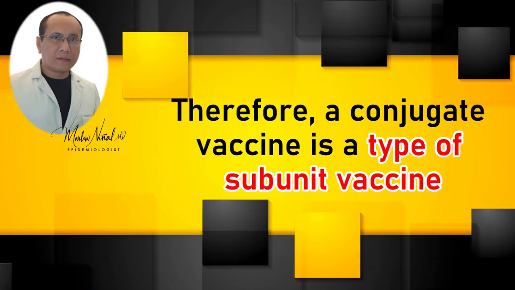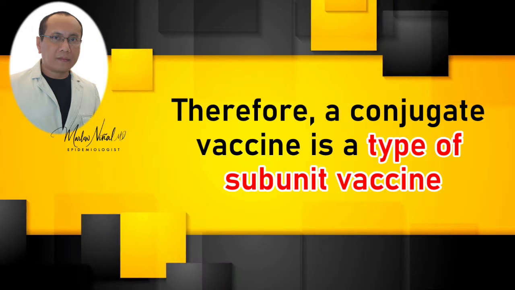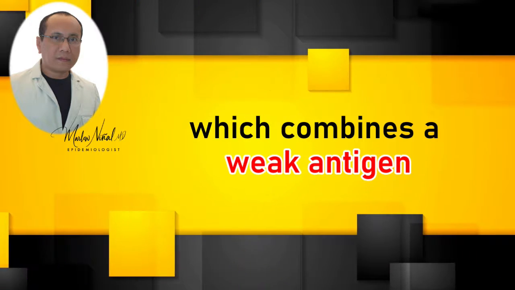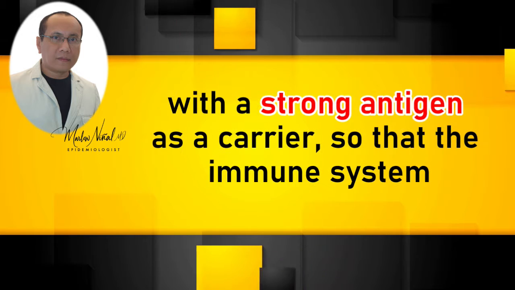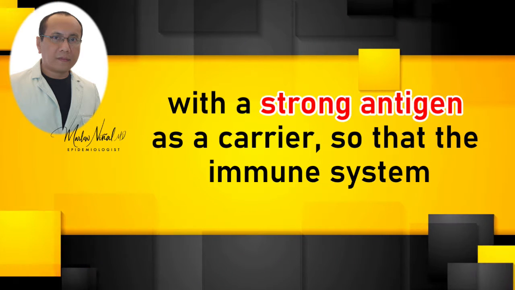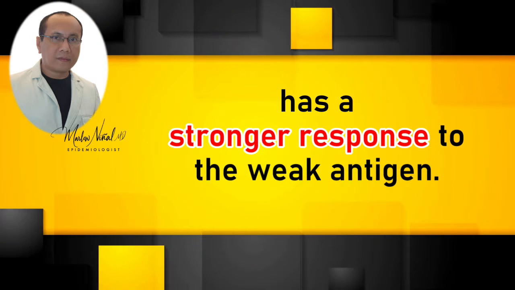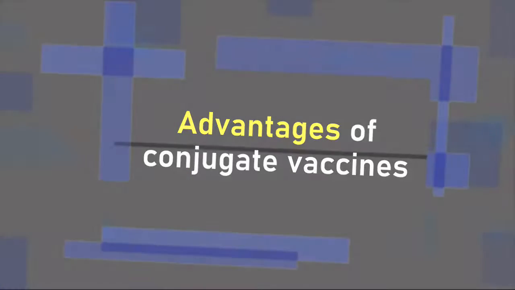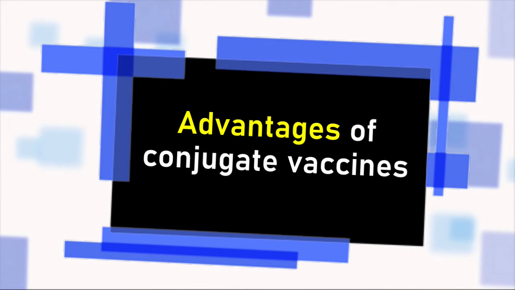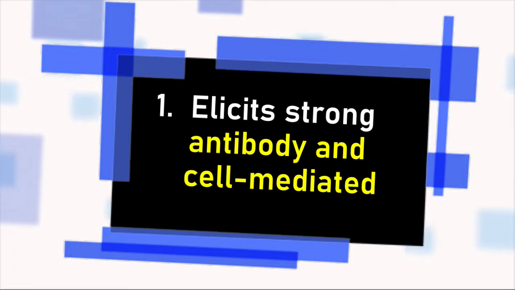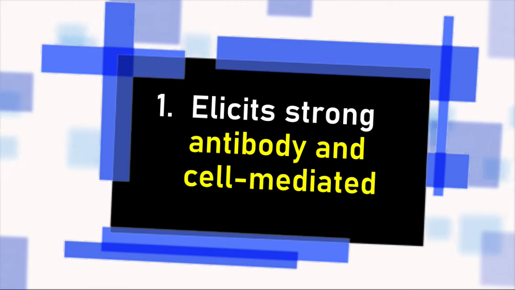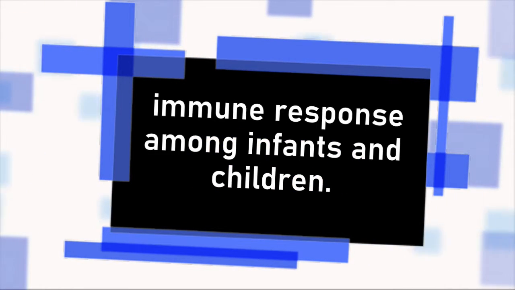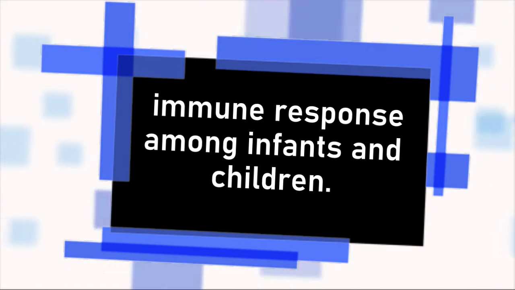Therefore, a conjugate vaccine is a type of subunit vaccine which combines a weak antigen with a strong antigen as a carrier, so that the immune system has a stronger response to the weak antigen. The advantages of conjugate vaccines are the following. First, the vaccine elicits strong antibody and cell-mediated immune response among infants and children.